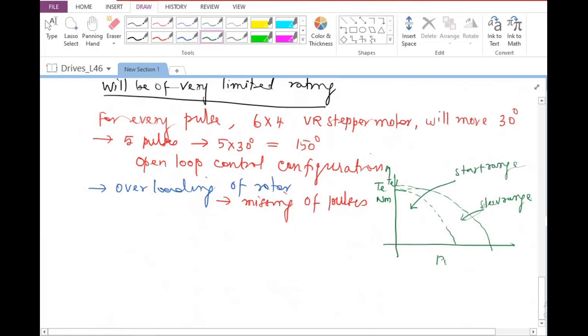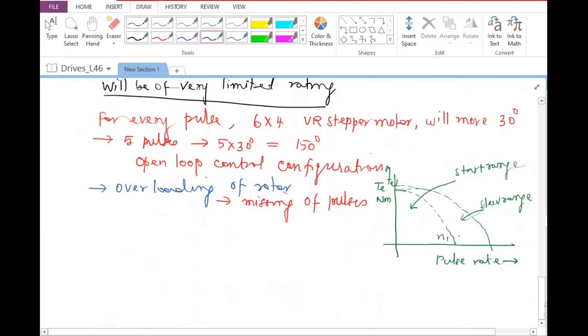So this actually tells you that for lower pulse rates, if you are talking about a larger torque to be handled by the rotor, it will be able to go only with the lower pulse rate.